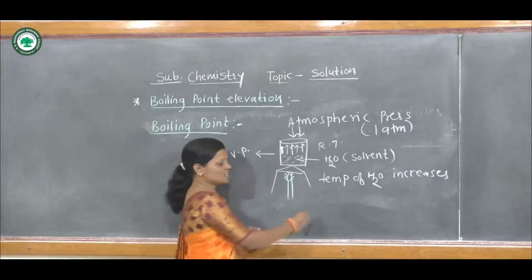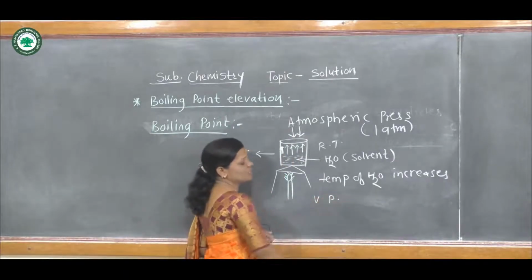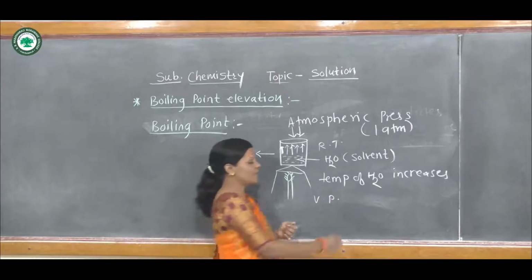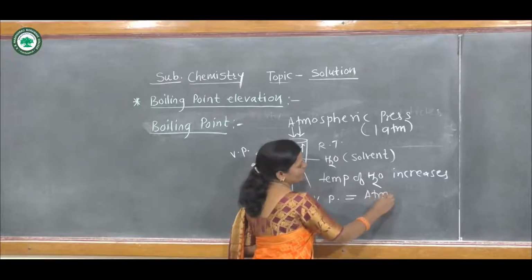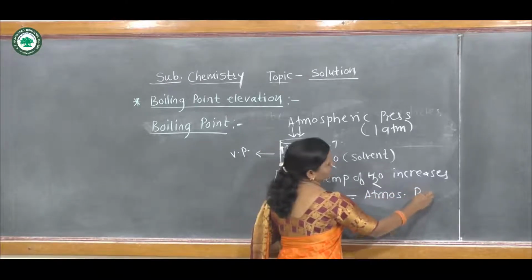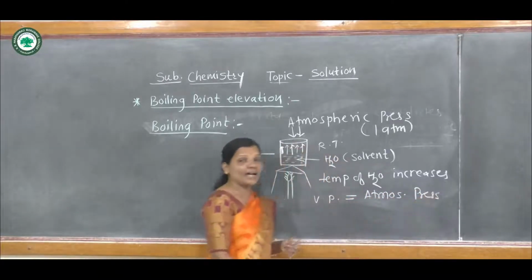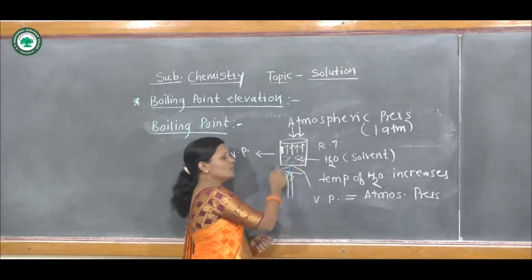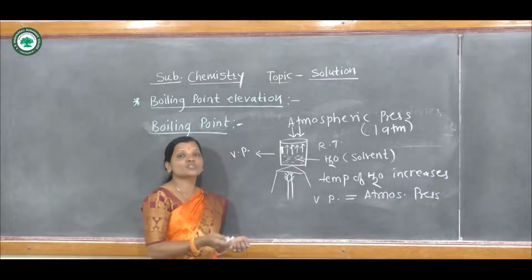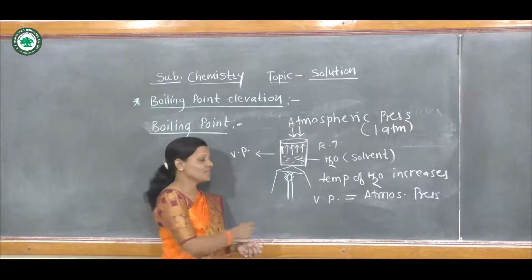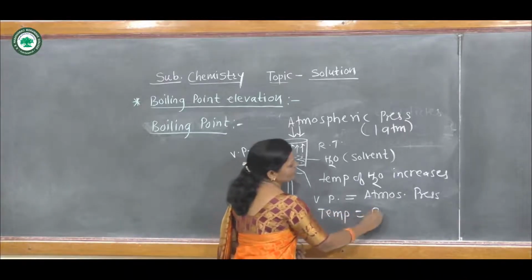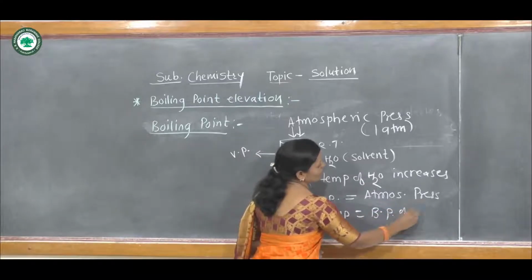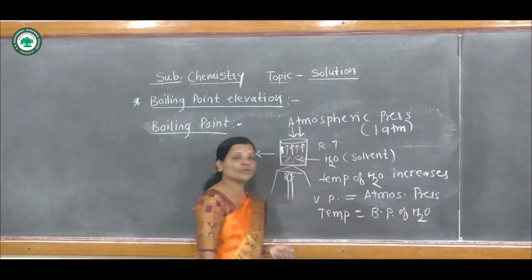And at one stage the vapor pressure of water becomes exactly equal to atmospheric pressure, and at that time all the water starts to bubble, and hence the corresponding temperature is nothing but the boiling point of water.